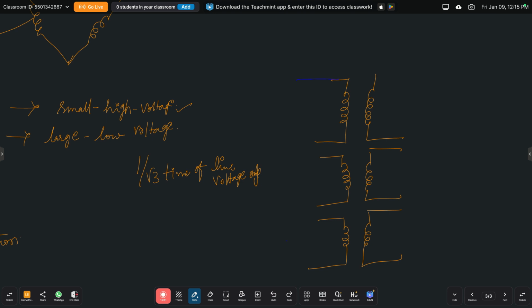I am going to represent these as R, Y and B, in a star connection. That means this neutral terminal is connected to this one, then this neutral terminal is connected to this one. Based on that we represent the star, and in the same way here I am going to connect this one to this, then this to this.